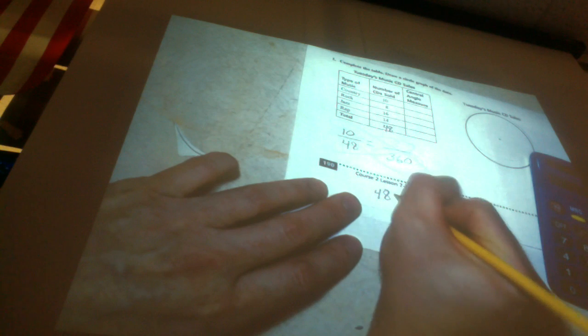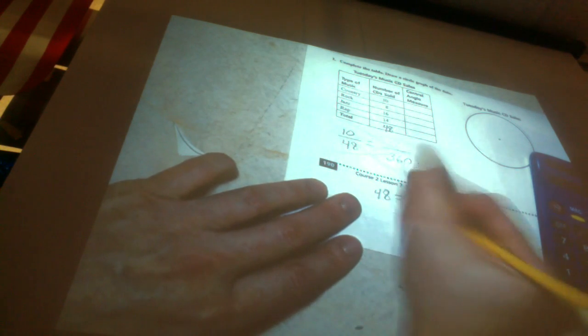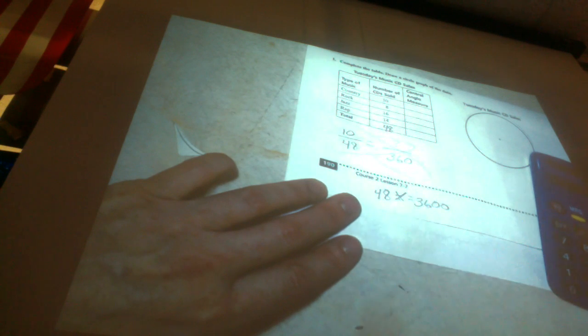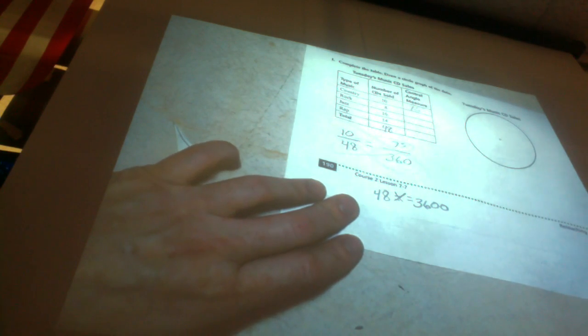Our equation is 48x is equal to 3,600. Then we divide 3,600 by 48 and we get 75. The 75 is the number of degrees in the circle we should make country.